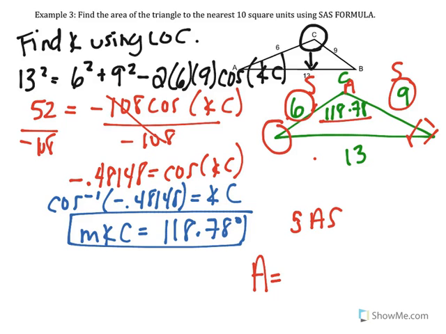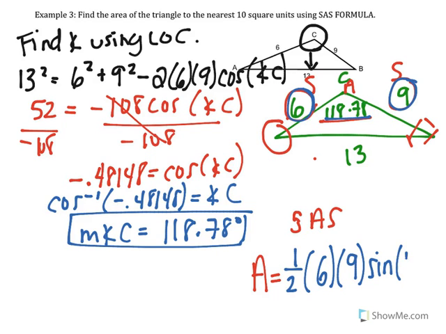Okay? So again, I used 6 and 9. I have solved for the angle in between them. So those are the sides I need to use. So SAS area, 1/2, 6 times 9, times the sine of the angle in between, which we found to be 118.78. Plug that in your calculator.